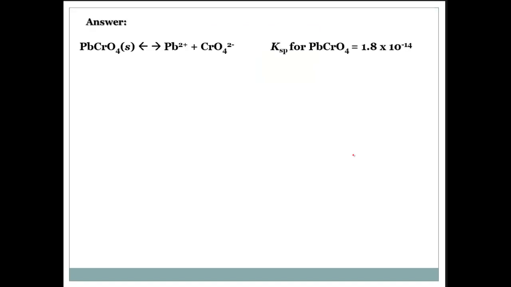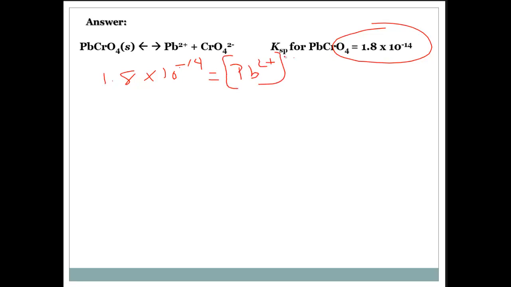Alright, so let's do lead first. Lead chromate: the Ksp is 1.8 times 10 to the negative 14, which is equal to the concentration of lead times the concentration of CrO4 2 minus.